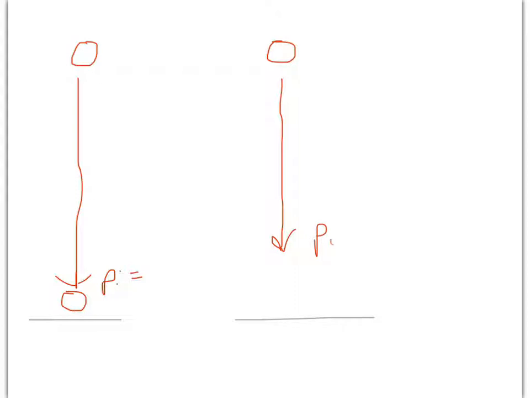Momentum initial equals something. All right, what's the final momentum? Momentum final equals 0, right? 0 kilogram meters per second. All right, what's the difference between these two right here?